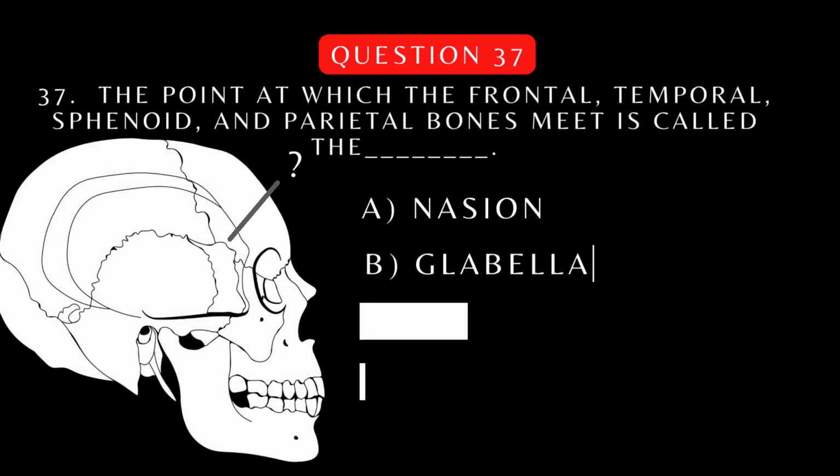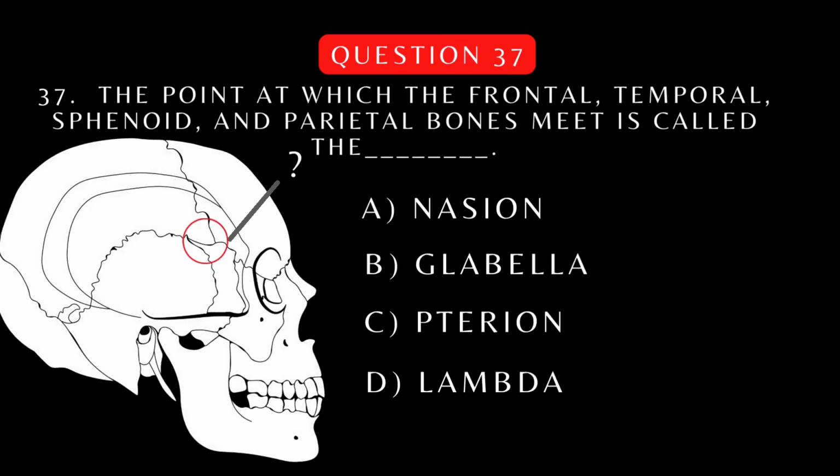The point at which the frontal, temporal, sphenoid, and parietal bones meet is called the blank.